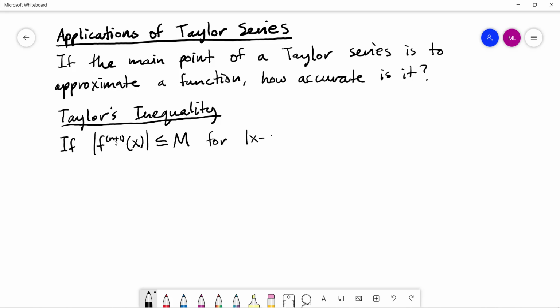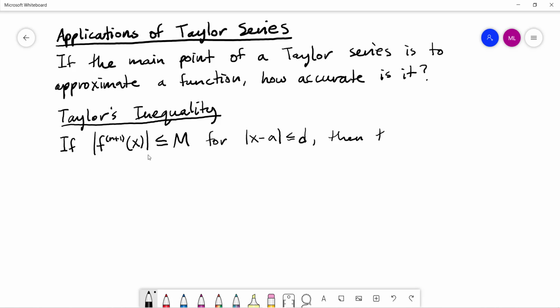So let's say for all the points a radius d away from the point of interest, if we're centering this at some point a, and it has a radius of what we're calling d here, this is sort of our little interval where this is true.